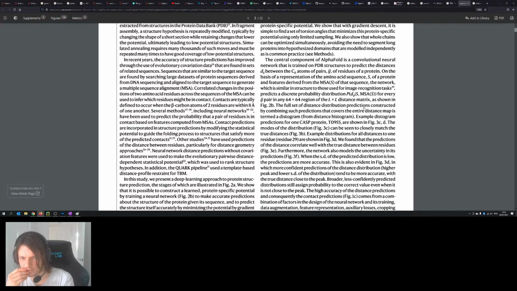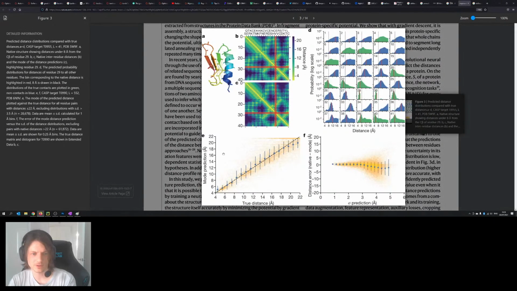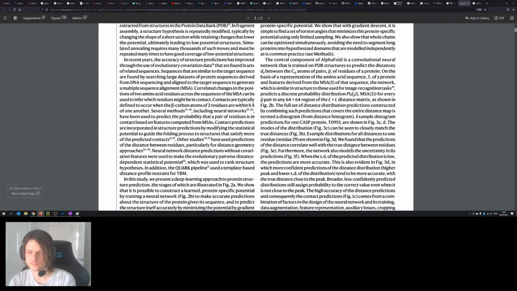Okay. Example histogram predictions can be seen to closely match the true distances. Example distributions for all distances to one residue, 29, are shown in figure 3D. The mode of the distribution can be seen to closely match the true distances.